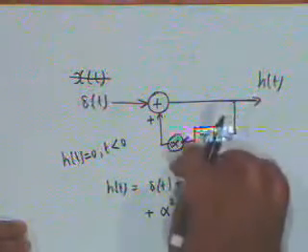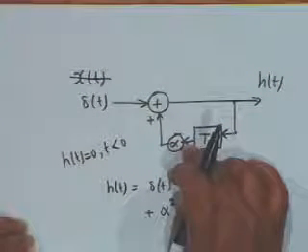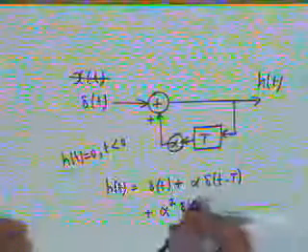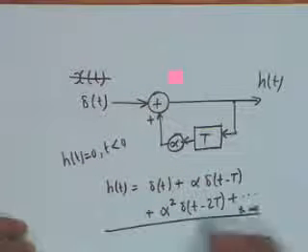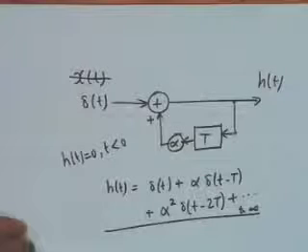So it becomes alpha delta of t minus 2 capital T, then multiplied by alpha. So it is alpha squared delta t minus 2T, and so on. This continues ad infinitum. There is nothing to stop it. And therefore this is the impulse response of the system. This is obtained by inspection. No solution of a differential equation is needed.